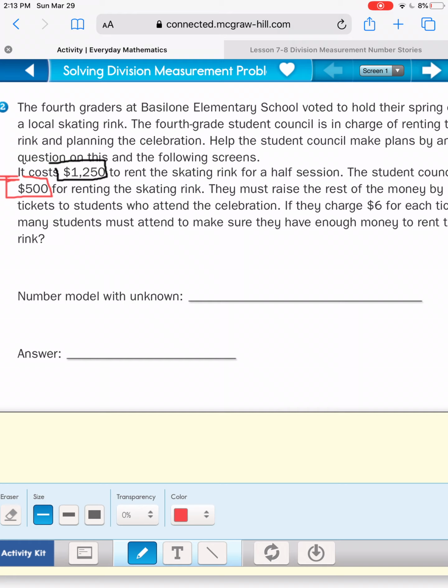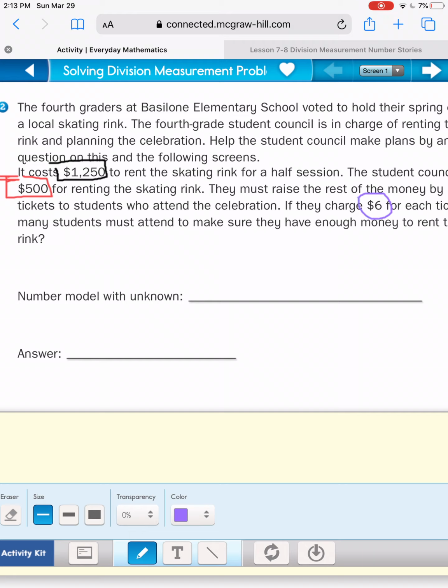So since $500 is less than $1,250, as of right now, they do not have enough money to rent out the skating rink. So they're going to raise the rest of the money by having students purchase tickets. And in the problem, it tells me that each ticket is $6.